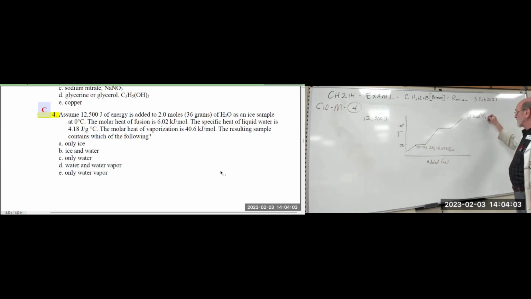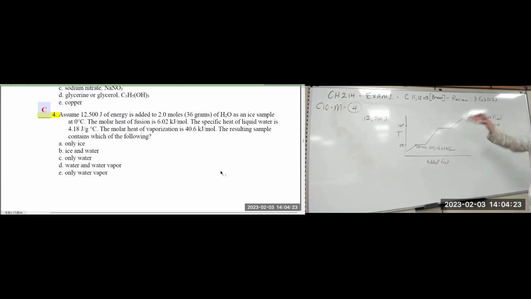Well, it's 6.02 kilojoules per mole, right? So we're going to end up with 12.04 kilojoules. That's how much heat we've used up.